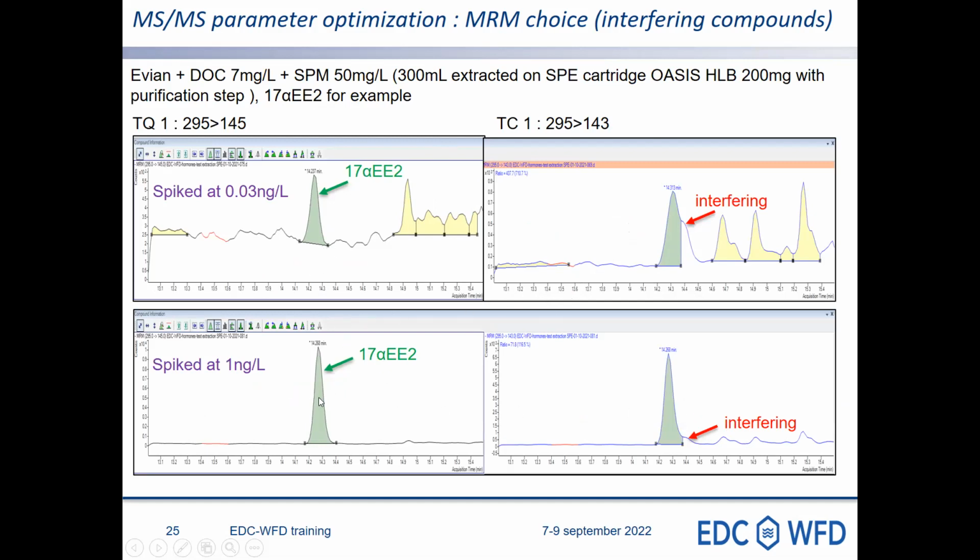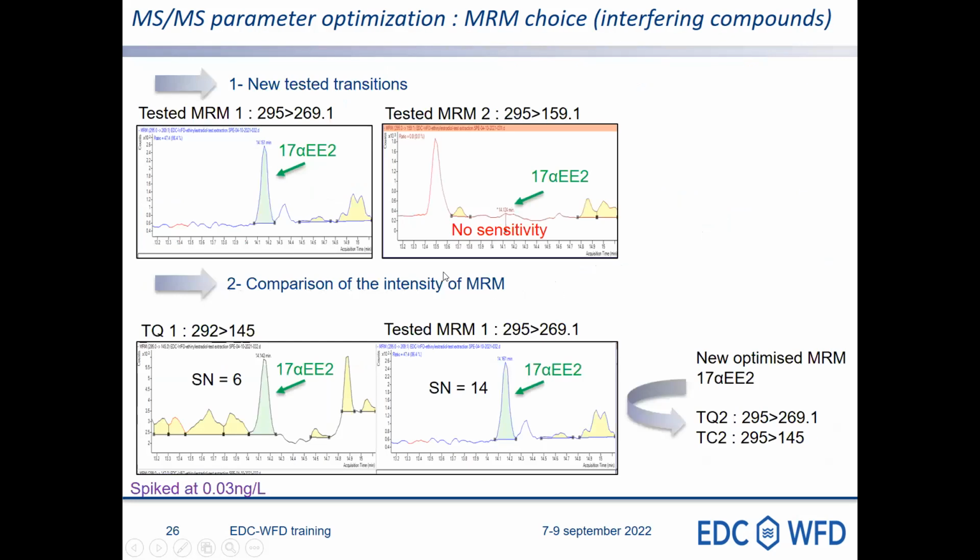No problem at 1 nanogram per liter, but when we go down to 0.03, we see some trouble and we are unable to have accurate quantification in that condition. Here again, the method has been optimized and a new transition has been introduced. We overcame the issue of the interference and we are accurate. So be very, very cautious in that step.